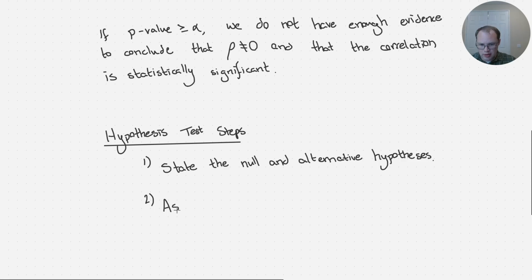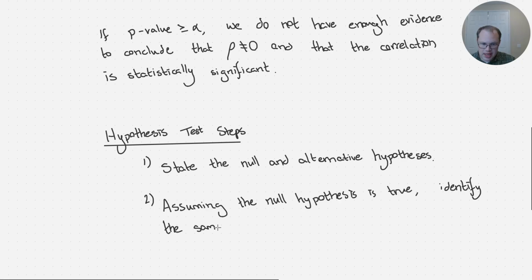2, assuming the null hypothesis is true, identify the sampling distribution. We saw in this case that we're going to use a t-distribution with n-2 degrees of freedom. And we saw that we have a special way to calculate our test statistic t.